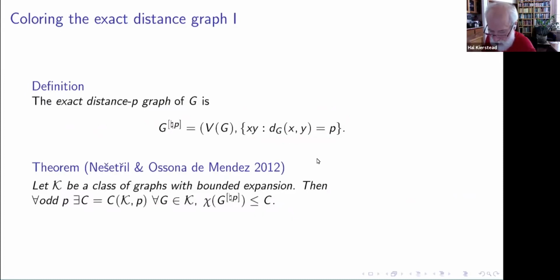And then if a class has bounded expansion, then for every odd p, there exists a constant so that for every graph in the class, the chromatic number of the exact distance p graph is less than or equal to c. Okay, so this is a theorem that I'll come back to.